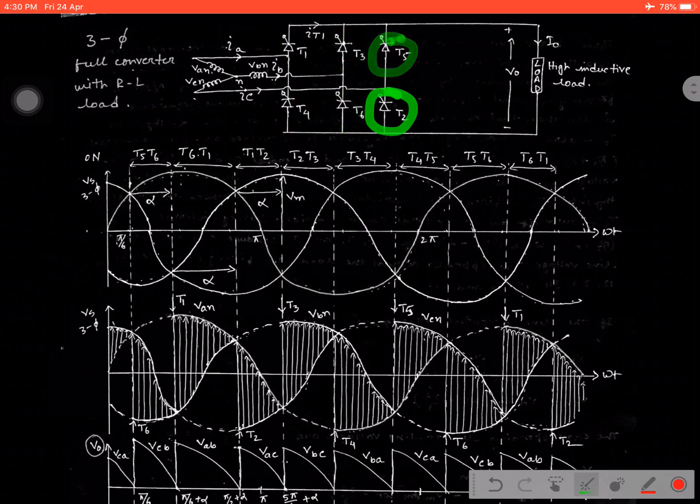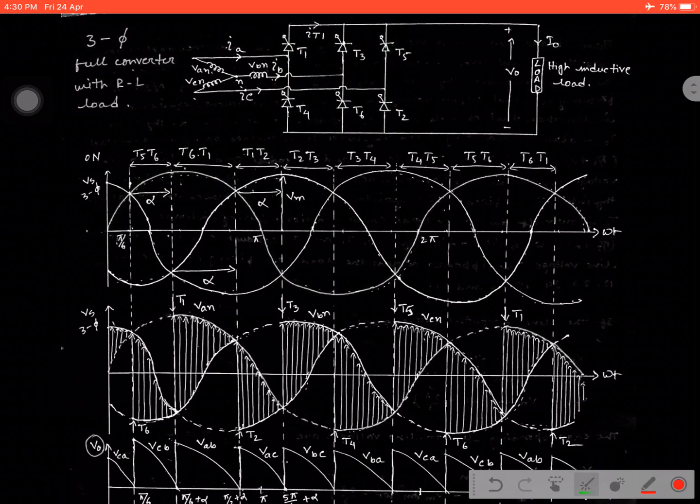Why? As it will create a short circuit path. Once the path is short circuited, then obviously due to inrush of current, the switches can be damaged permanently. To avoid it, always try to maintain the application of the gate pulse to the switches such that they are never in the short circuit condition. Okay.